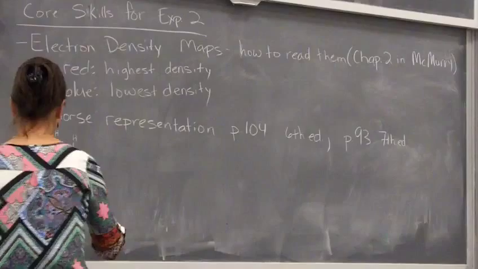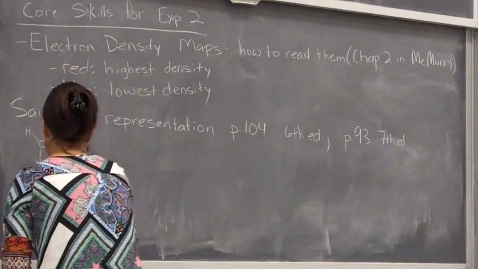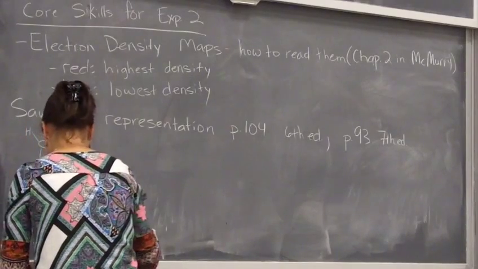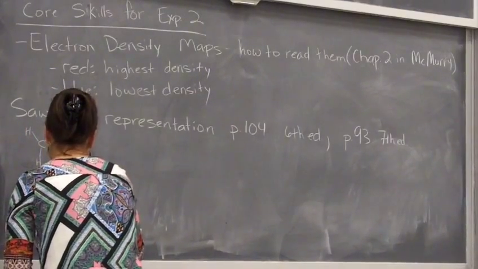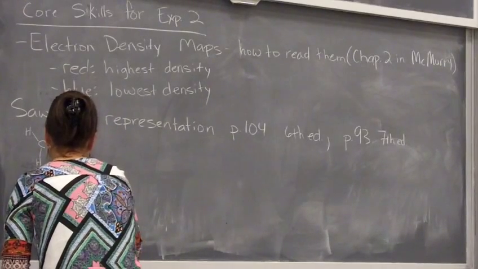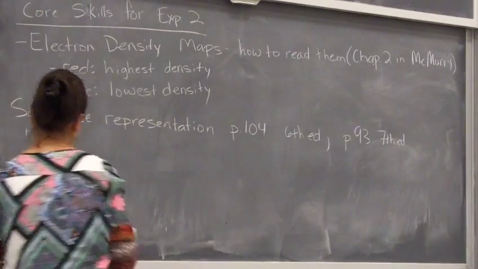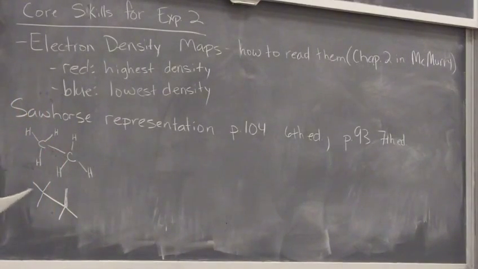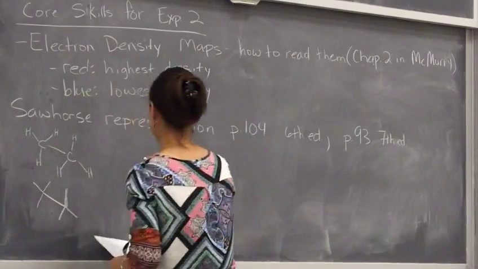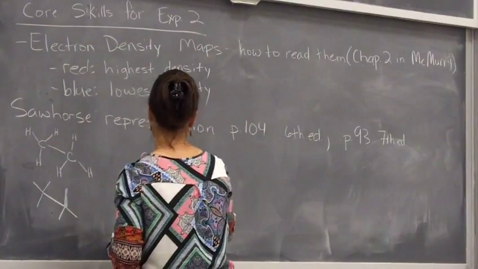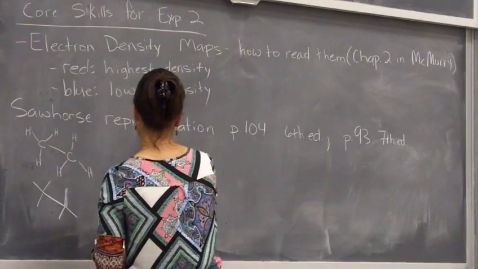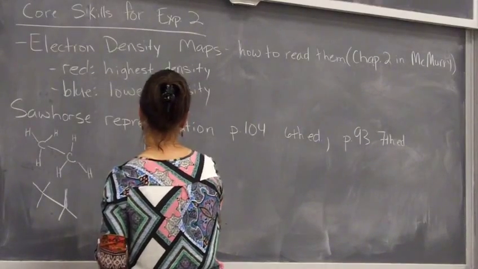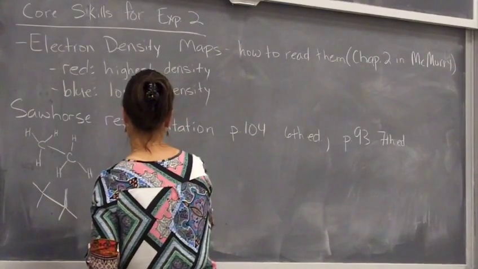So another way that you could draw this is then just in stick representation for all the carbons and hydrogens, unless you had something else attached. But that would be the same sawhorse representation, okay? Now for the eclipse, it gets a little bit trickier. We're still looking down the same bond, but we gotta fit all these hydrogens in the same angles that they occur, okay?